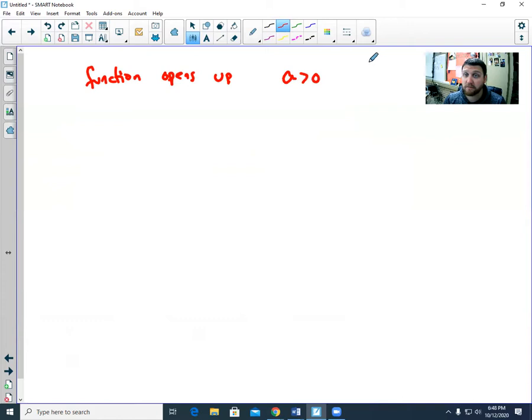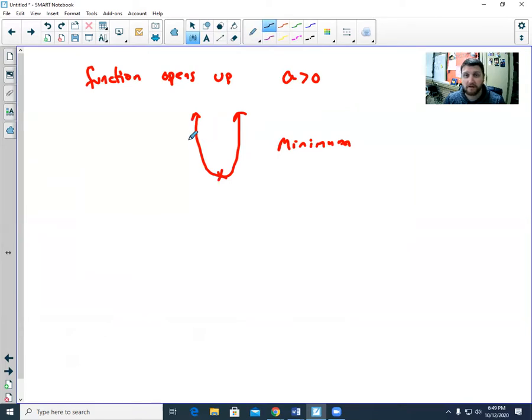So if the a value is positive, which means it's not negative, the parabola is going to end up looking something like this, and the vertex will be there, which will make this a minimum value.